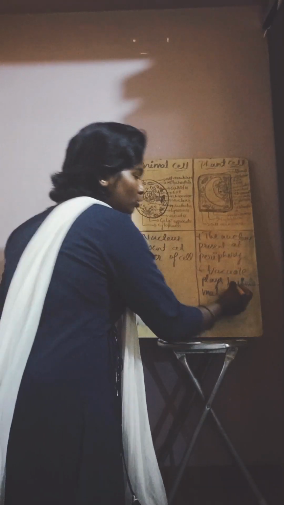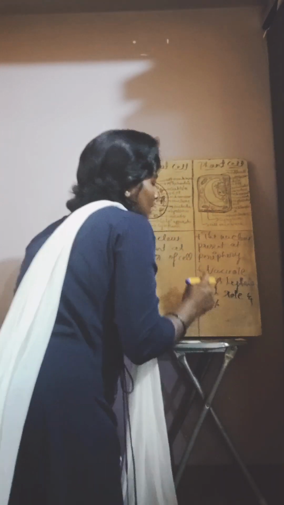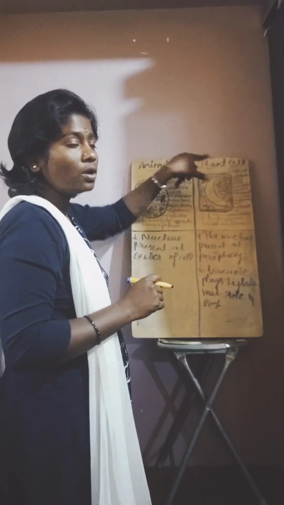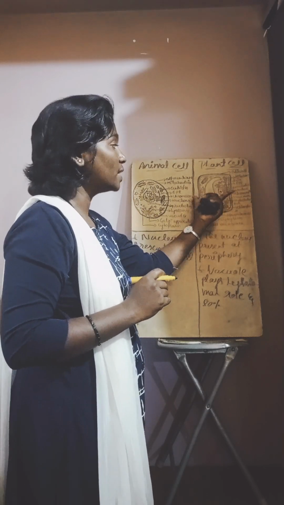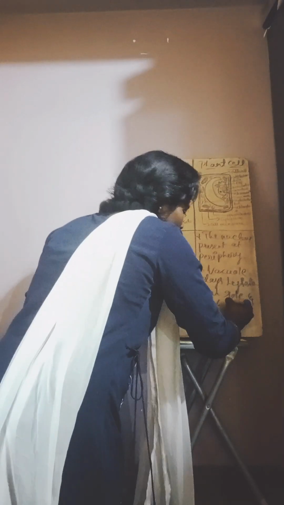And it is up to 80% in area. So that means the large vacuole occupies up to 80% of the cell. 80% of the cell is occupied by the large vacuole.